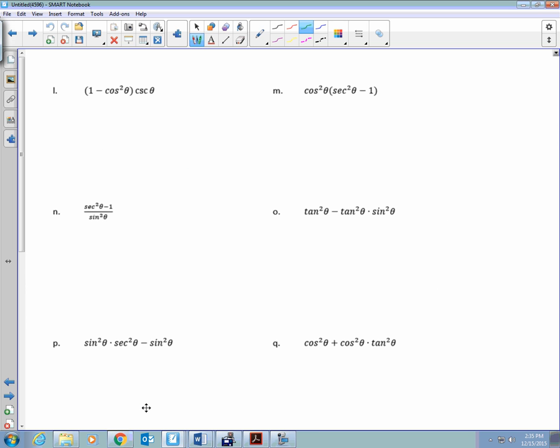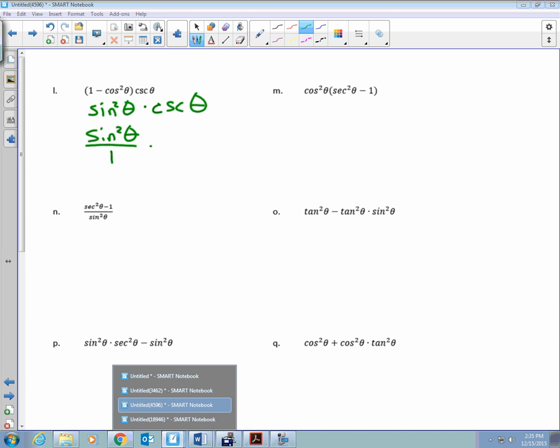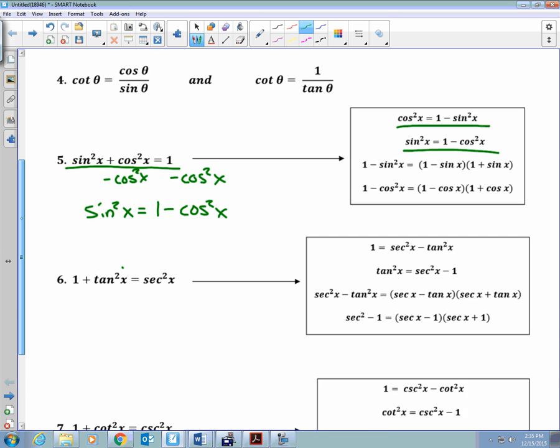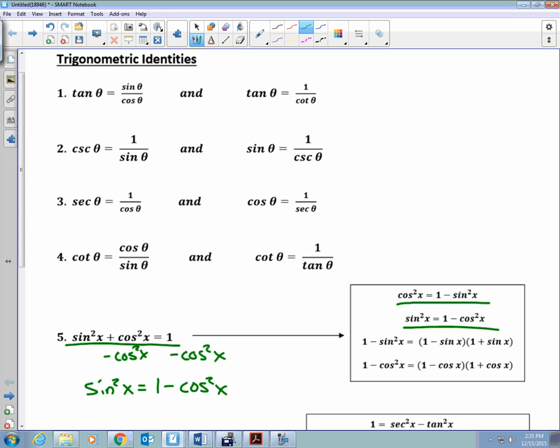So what I'm going to do is use that fact to simplify this expression. Instead of writing a 1 minus cosine squared, what can I write in its place? Sine squared of theta times cosecant of theta. Now I have an expression that was very similar to yesterday, correct? So I will now write it in terms of sine and cosine. Sine squared of theta over 1 times, how do I rewrite cosecant? Yep, for those who weren't here yesterday, it says cosecant is 1 over sine.